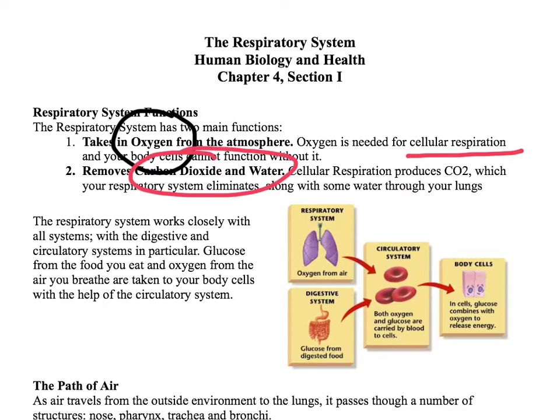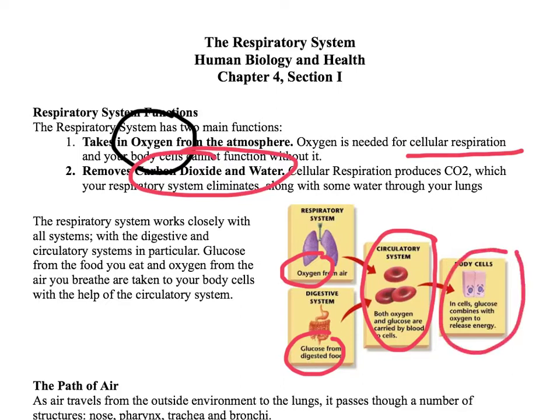So the respiratory system works closely with the digestive system because the respiratory system provides the oxygen needed in cellular respiration, whereas the digestive system provides the glucose. And the role of the circulatory system is to make sure that these two are brought to the cells in order for the cells to use it as energy.